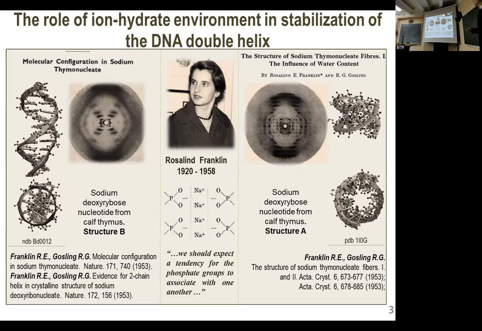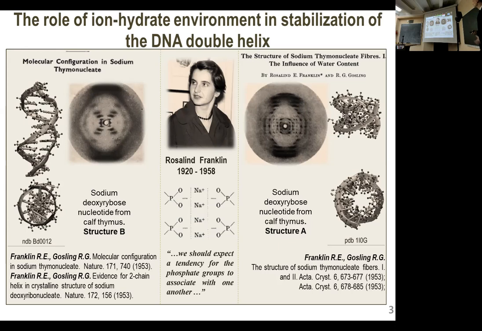You can see this structure of B DNA that is built according to modern data. This is a characteristic cross here. And also the A structure, which is known now. We know it as the A conformation, and the X-ray image is completely different.